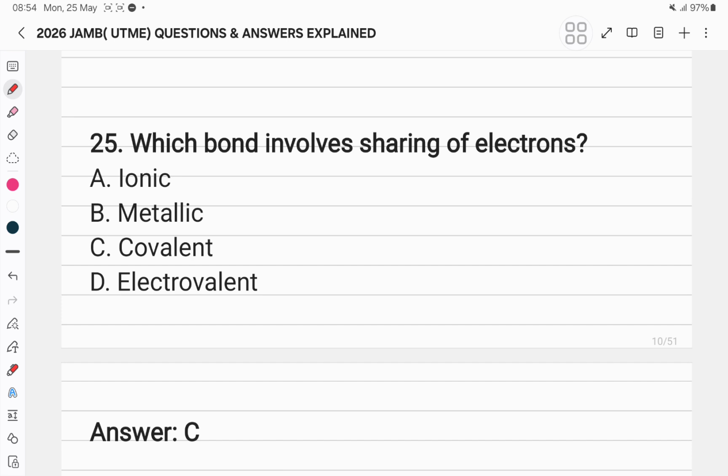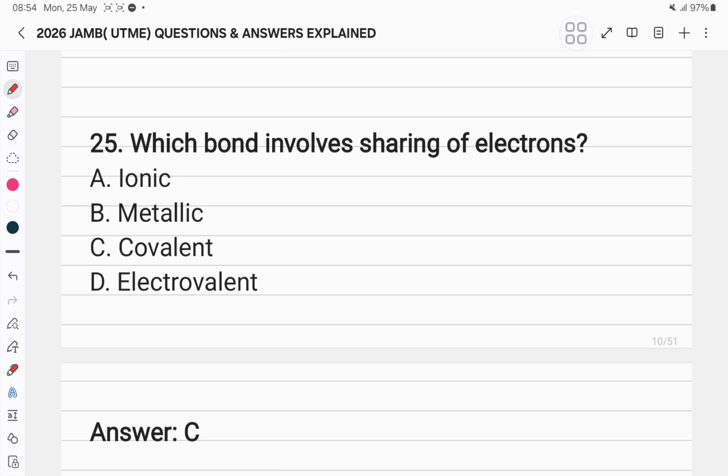The atoms are atoms of nonmetals. Both atoms contribute an equal number of electrons from the outermost shell and they share in pairs. So the correct answer is C.